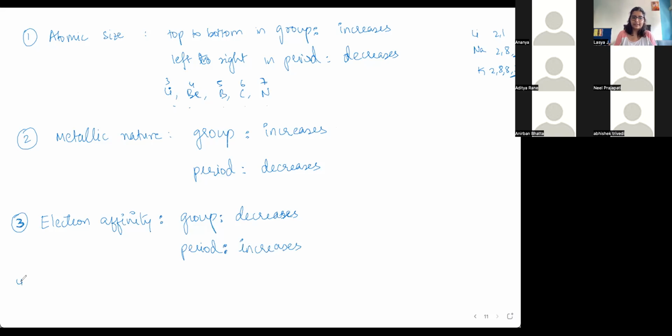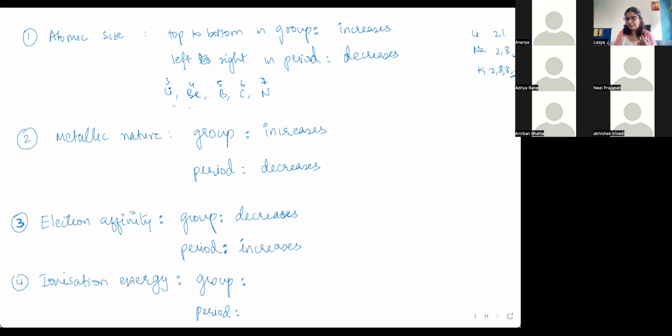Okay. Then ionization energy. Think of how easily you can remove an electron. Top to bottom, does the ease of removing an electron increase or decrease? It increases.